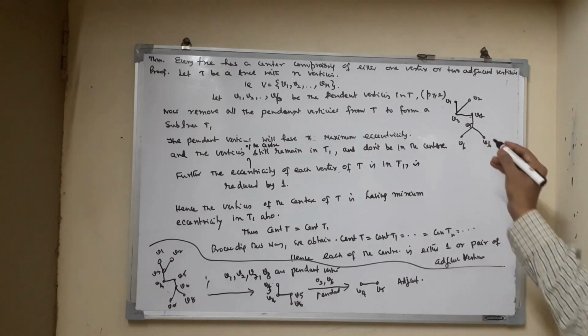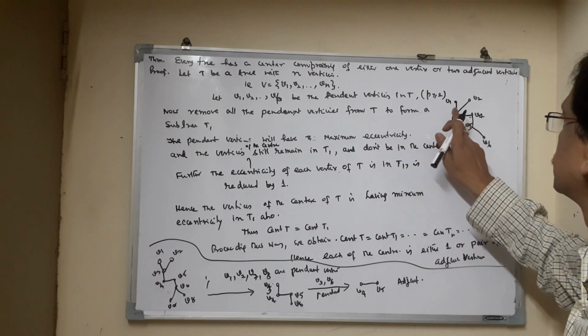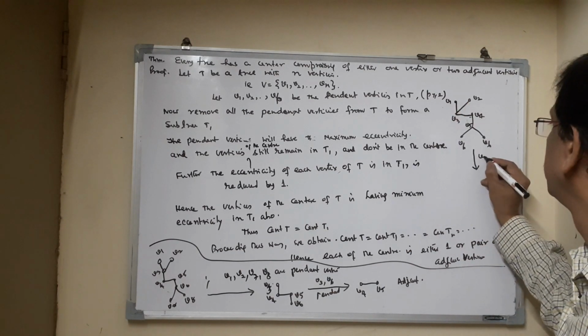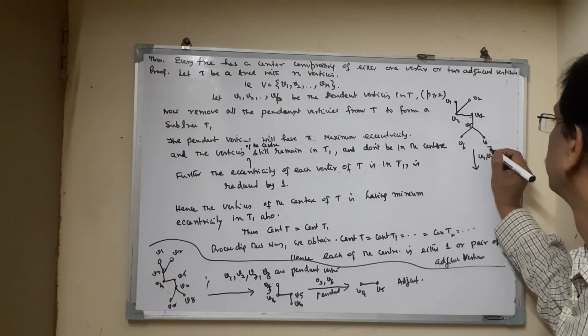Now I want to remove the pendant vertices. What are the pendant vertices? V1, V2, also V6, V7.